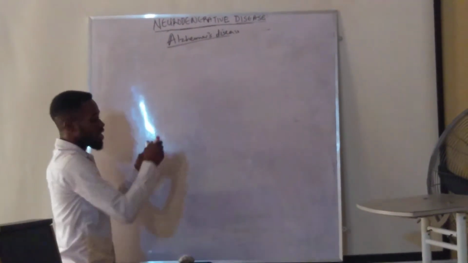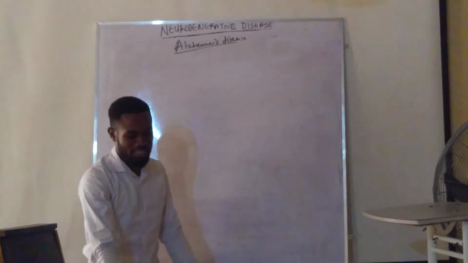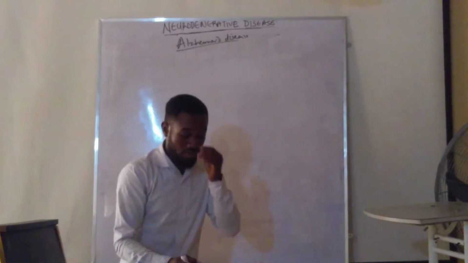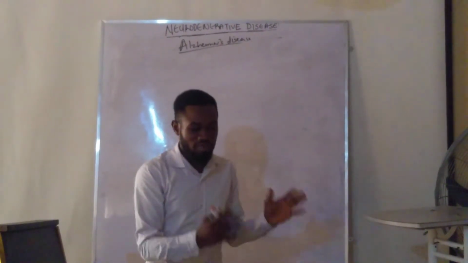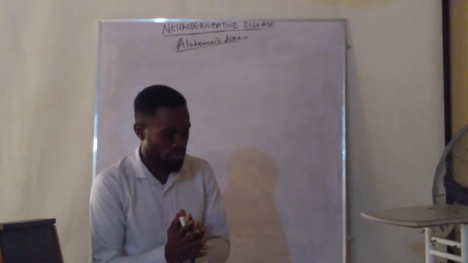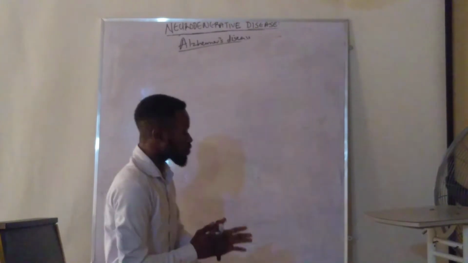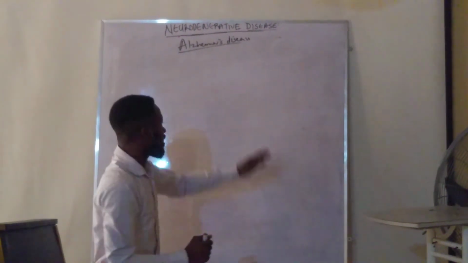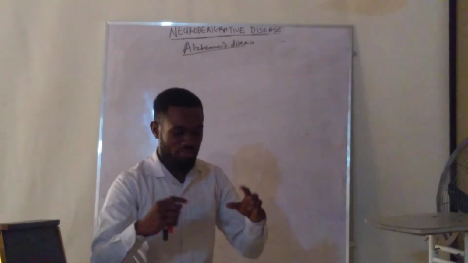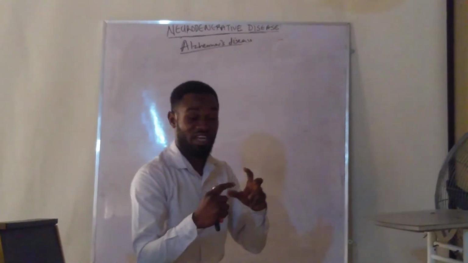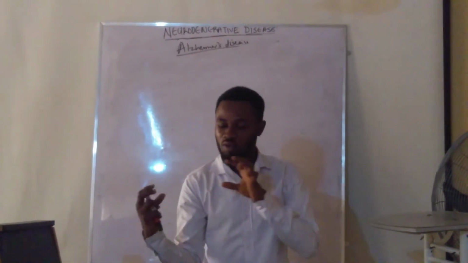We have the microtubules and the tau molecules binding together to stabilize the microtubules. But in Alzheimer's disease, the tau protein is chemically changed and forms a cross-link together.